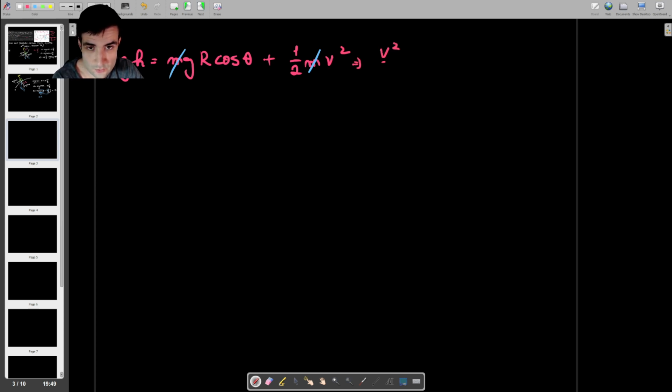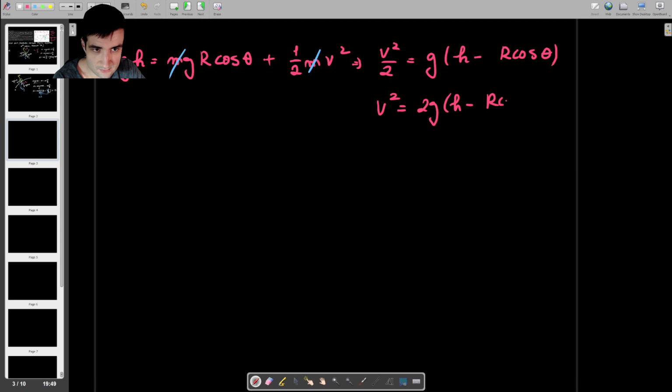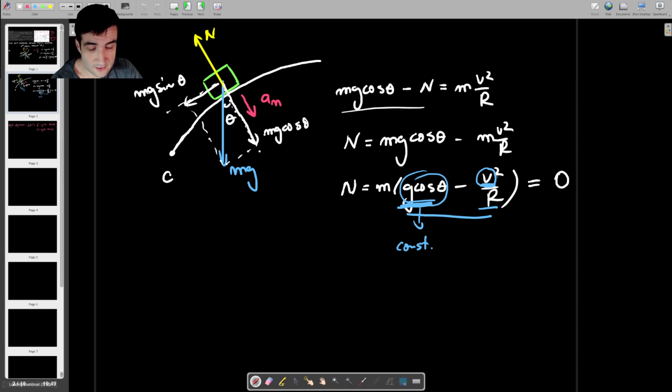So v squared over 2 is equal to g times (h minus r cos theta), and I'm going to rewrite this as v squared equals 2g(h minus r cos theta). I'm not going to square root because v appears squared in the expression of the normal reaction force, so there's no point getting v by itself.